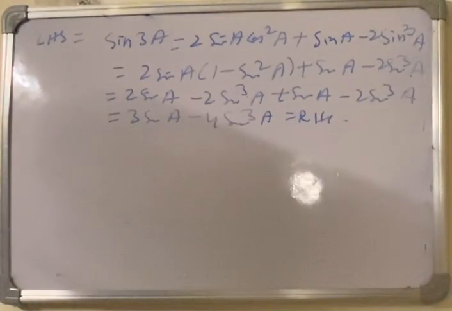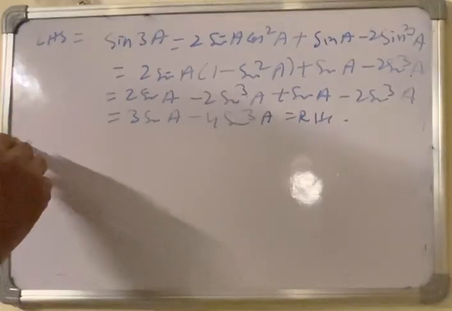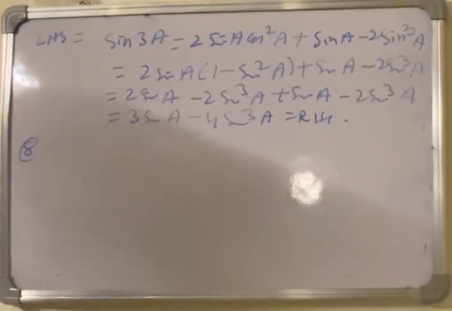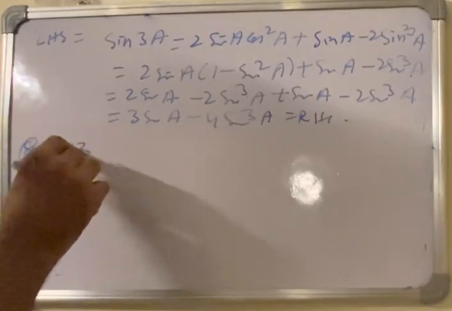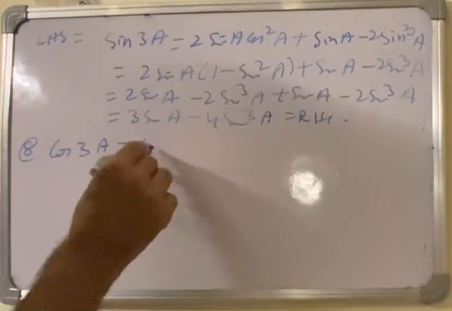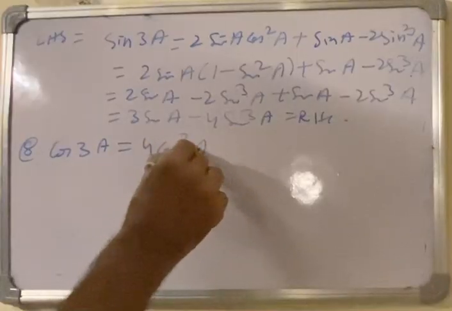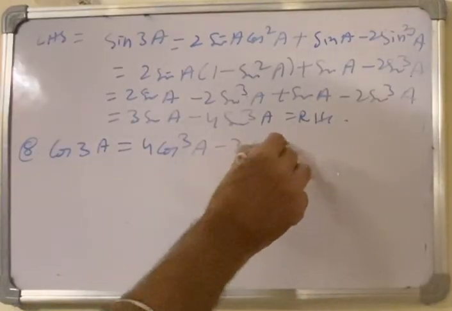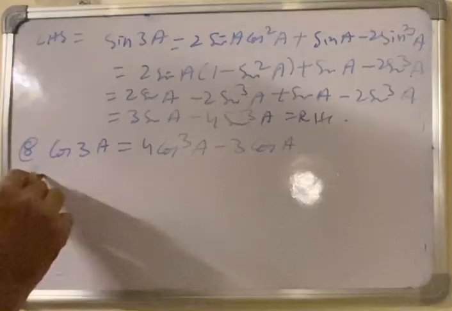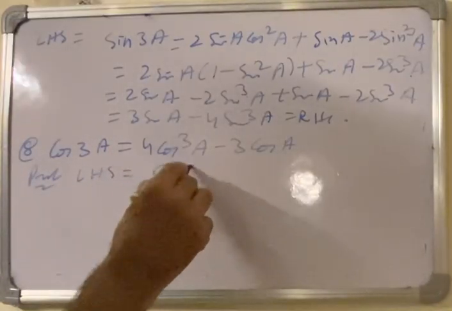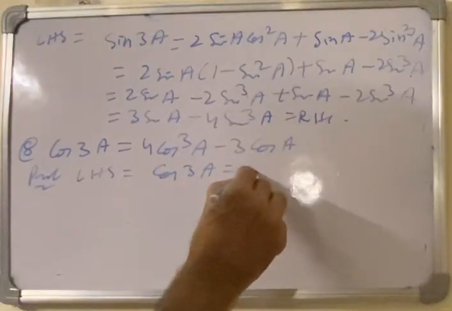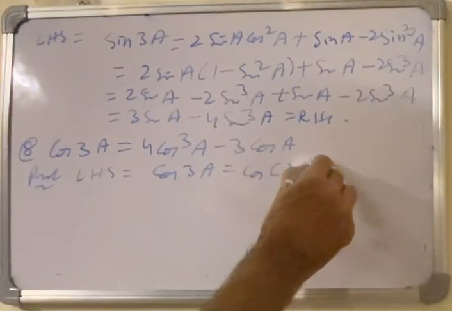Then next we take cos 3a. Cos 3a is equal to 4 cos cube a minus 3 cos a. Proof, left hand side we can do it in the same way. Cos 3a is cos 2a plus a.